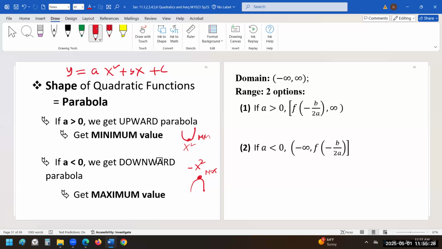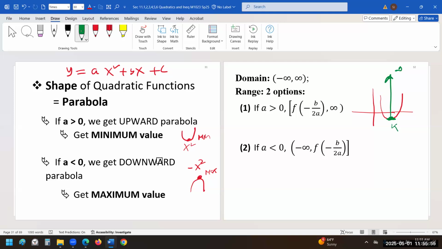But for range, there are two options. If you are working with an upward parabola, let's say you have a parabola here. Remember, range is the y. So for an upward parabola, your range is the y value of your vertex to infinity.